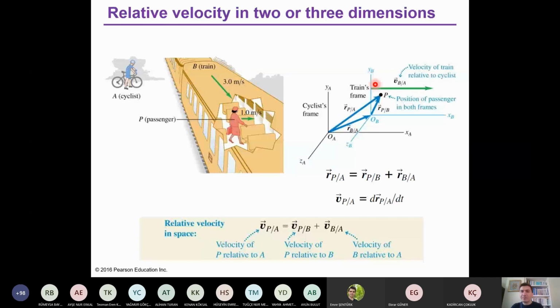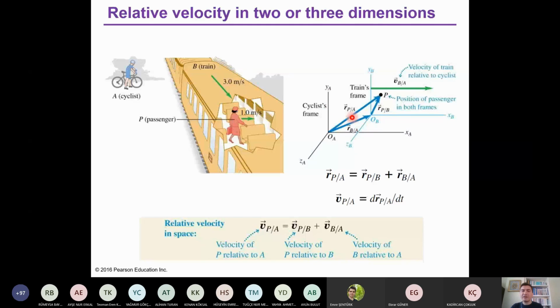So what is the position vector from the origin of the train's frame to the position of the passenger? The position of the passenger in the train's frame is given by the position vector R of the passenger relative to the train. And what about the position of the passenger in the frame of the cyclist, from the origin to this position of the passenger? The position vector of the passenger relative to the cyclist frame, right?